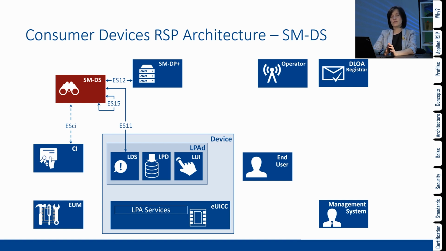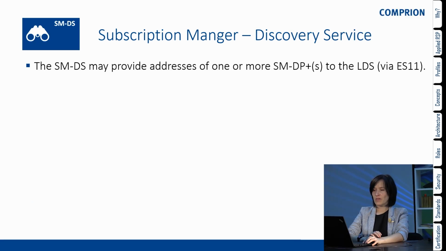And the ES15 interface to communicate between the different SMDSs. So we can have 2 types of SMDS, or multiple SMDSs. The SMDS may provide addresses of 1 or more SMDP pluses to the LDS.